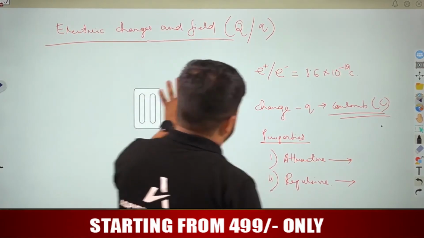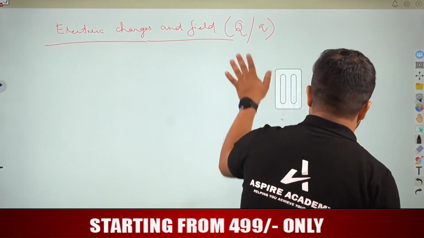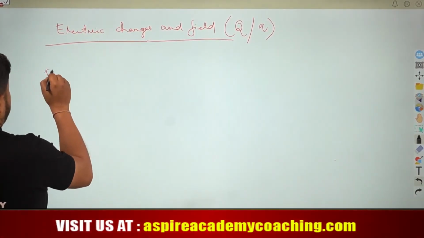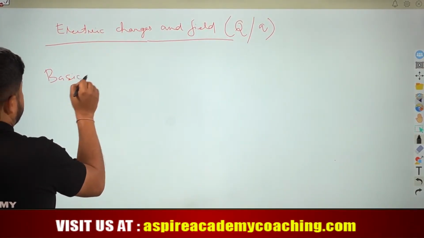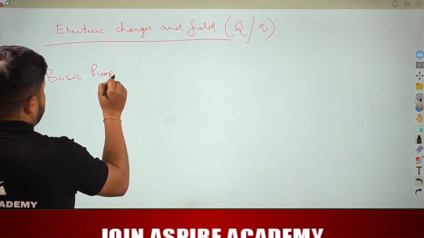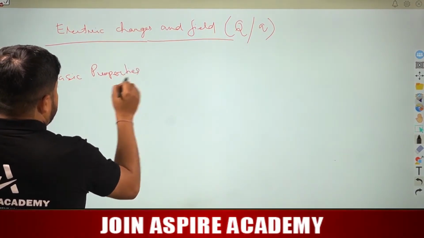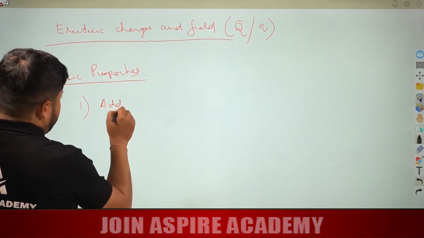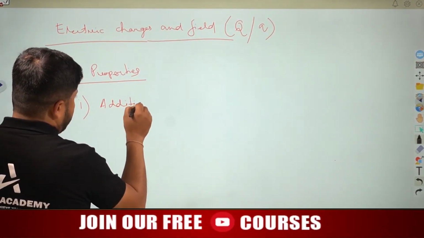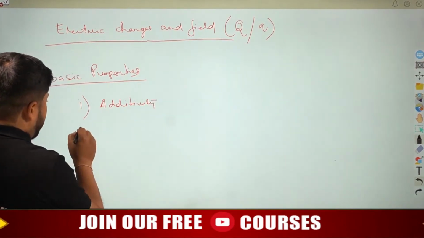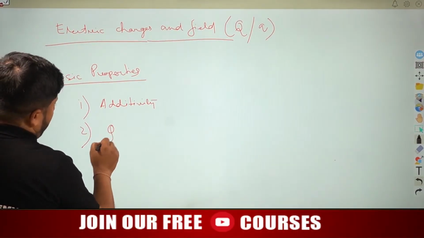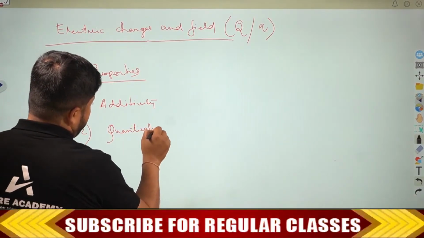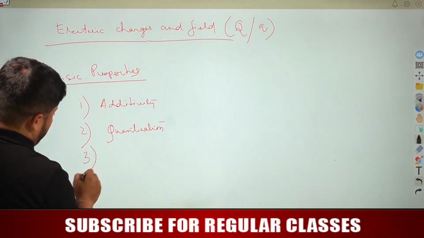After that, there are the basic properties of electric charge, which are very important. Number one is additivity, number two is quantization, and number three is conservation.